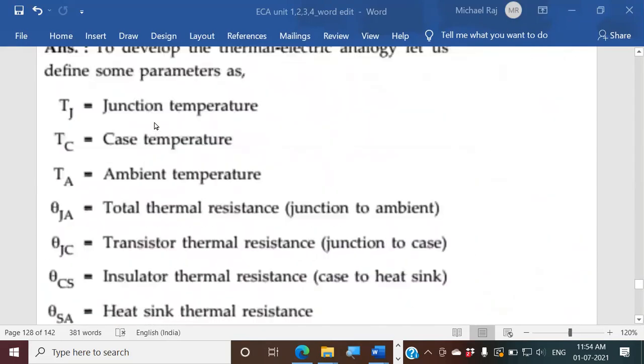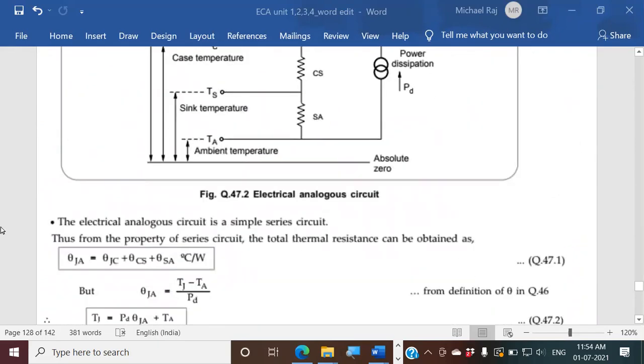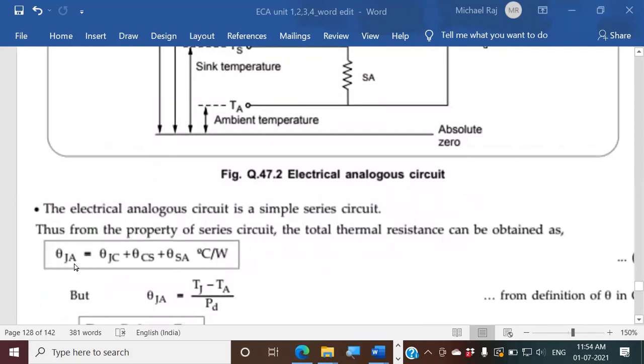So we can say that for junction to ambient, the path is junction to case, case to sink to ambient. So this is the path, right?